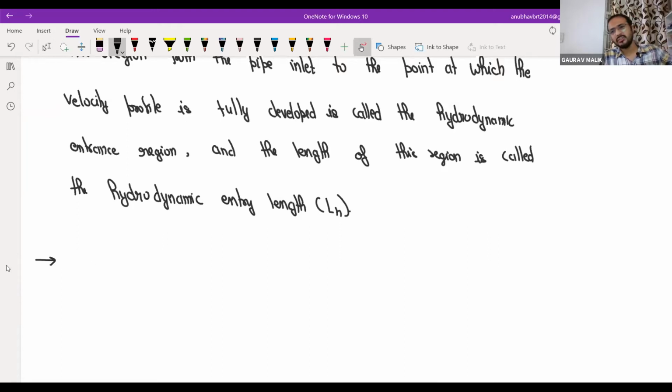We know that the velocity will not vary only in the axial direction. It will change in the radial direction also. So this flow, up to the fully developed point, is two dimensional.